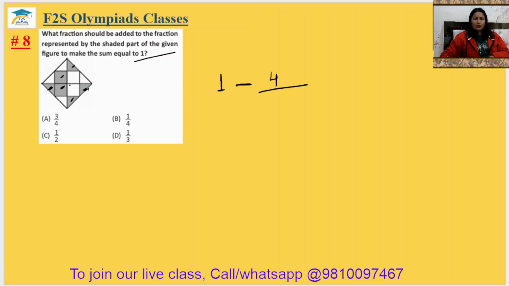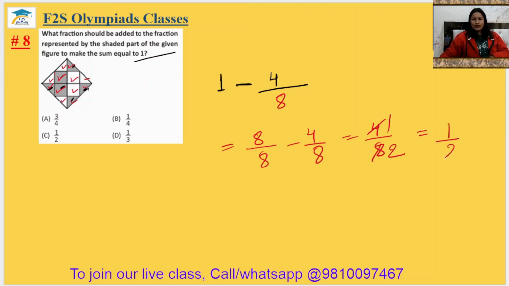And 4 upon how many equal parts are there? We are taking equal parts as the square. So 1, 2, 3, 4. This 2 will make 5, this 2 will make 6, this 2 will make 7, this 2 will make 8. So 4 by 8. So 8 by 8 minus 4 by 8 equals 4 by 8. 4 ones are 4, 4 twos are 8. So 1 by 2. It is in option C. So the eighth answer is option C.